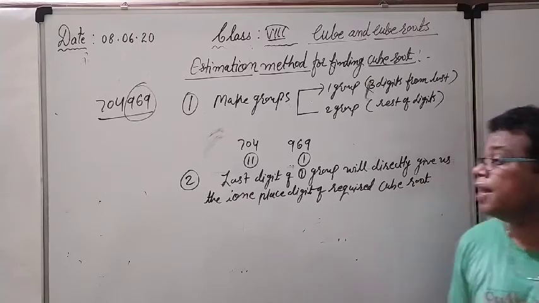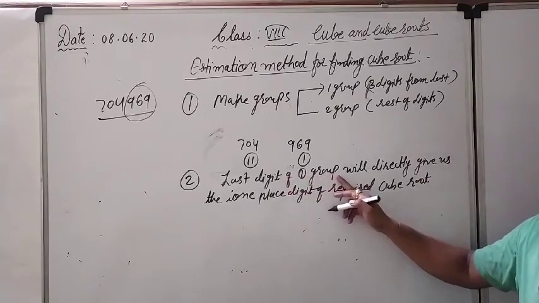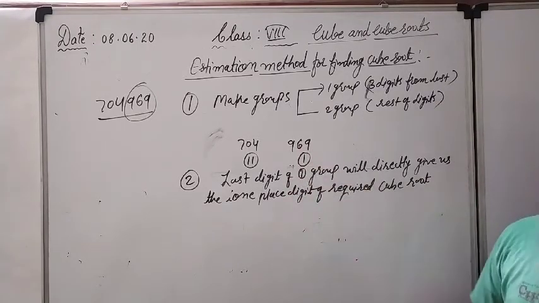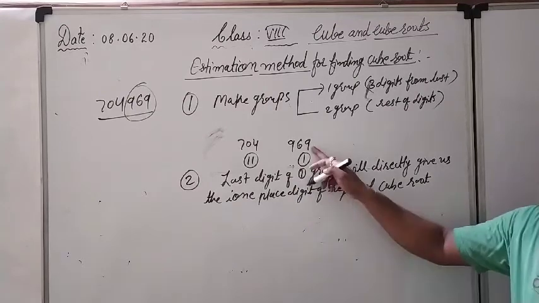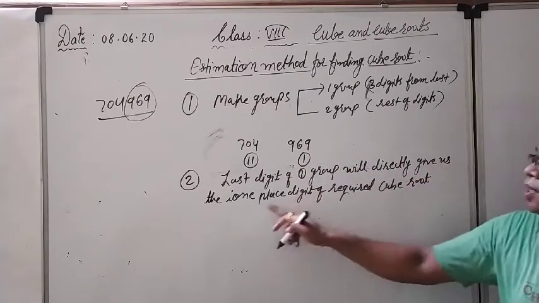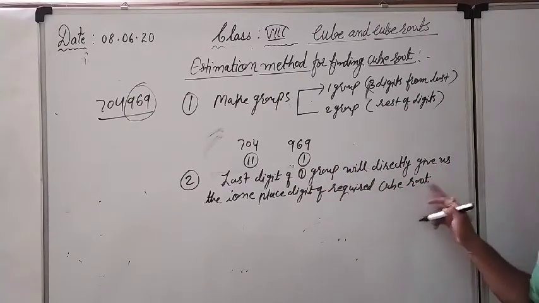What is the last digit of the first group here? 9. So it is directly giving me the ones place digit of the required cube root.